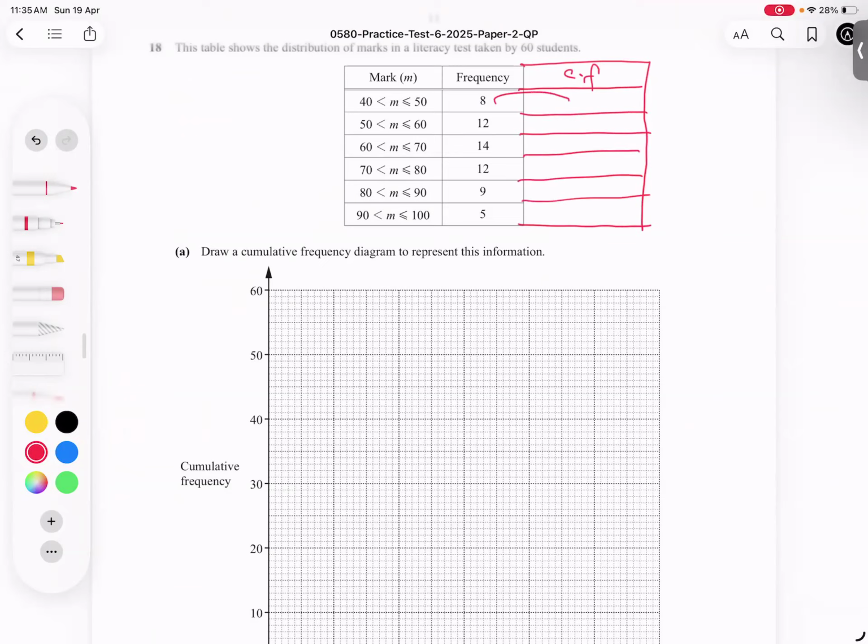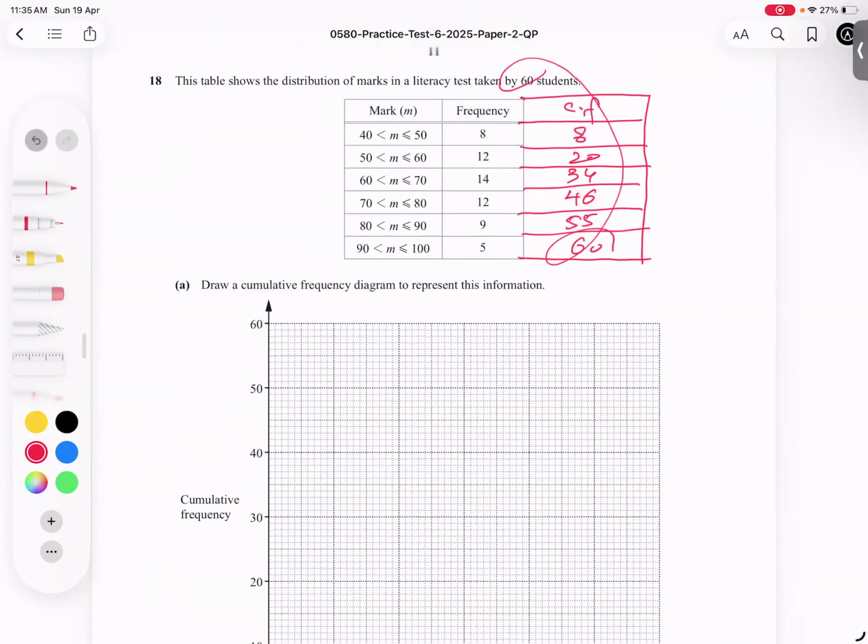First frequency, copy without any change. 8 plus 12, I got 20. 20 plus 14, I got 34. 34 plus 12, and I'm getting 46, sorry, 46. 46 added to 9, we are getting 55. 55 plus 5 added, I got 60, which matches with the top number.